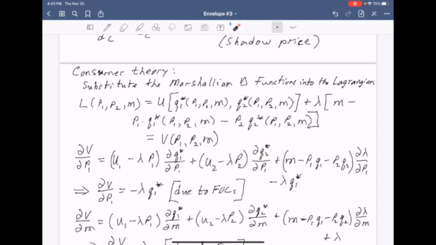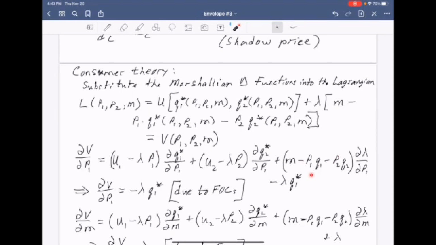So when all was said and done here, because of these first order conditions that have the marginal utility of 1 equal to lambda P1, marginal utility of 2 equal to lambda P2 by first order conditions, and because this is equal to 0, M is your budget, your entire budget is spent, so therefore this term goes to 0, this term goes to 0, and this term goes to 0.